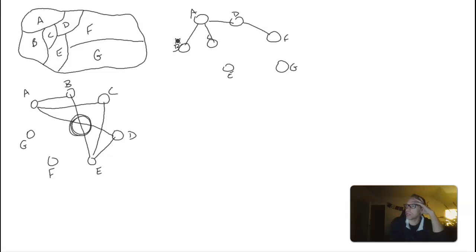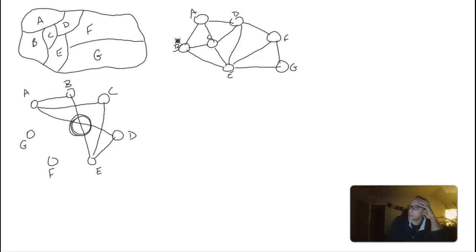C is bordering these. But we also want to make sure that none of our lines intersect. Almost got it there. E and F are touching. Okay, I think we have it there.